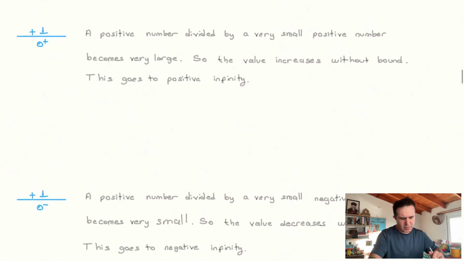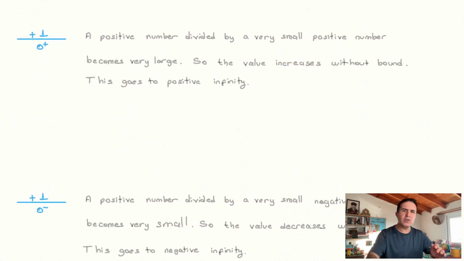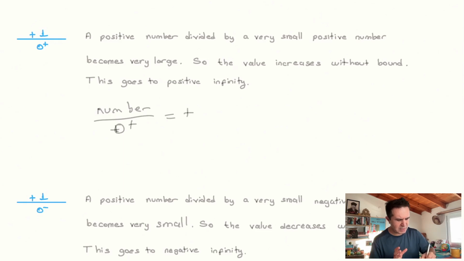If we divide a number by 0 plus, this means a positive number divided by a very small positive number becomes very large. So a positive number divided by 0 plus goes to plus infinity.